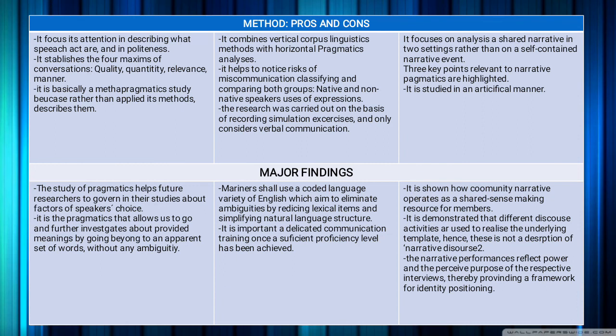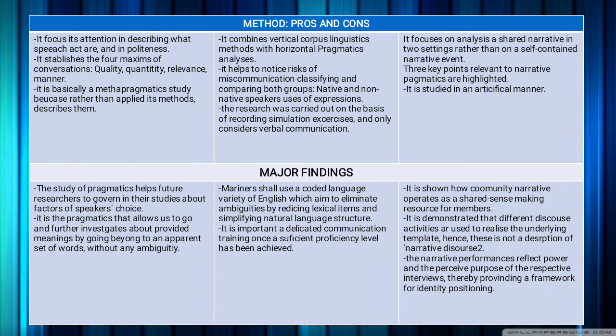The method used in the second article combines vertical corpus linguistics methods with horizontal pragmatics analysis. It helps to notice risks of miscommunication, classifying and comparing both groups, native and non-native speakers' use of expressions. This research was carried out on the basis of recorded simulation exercises and only considers verbal communication.